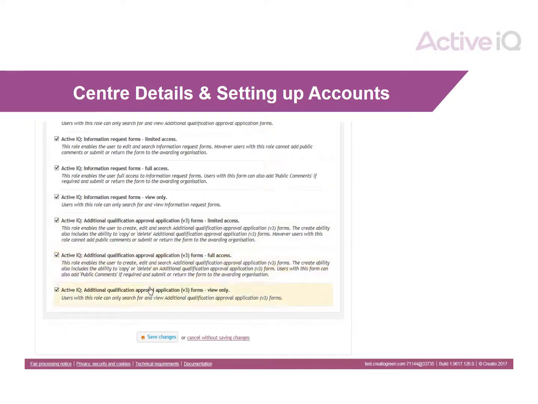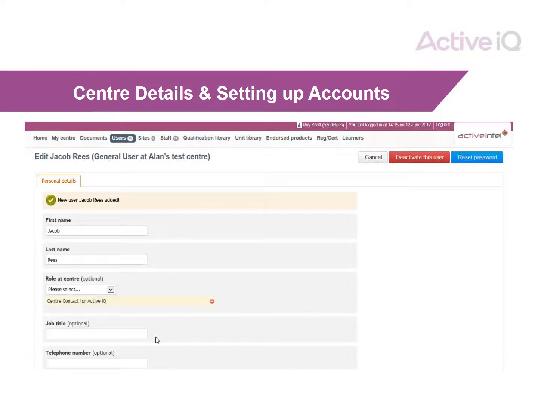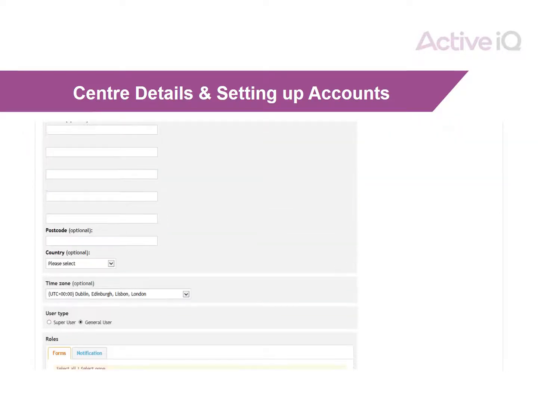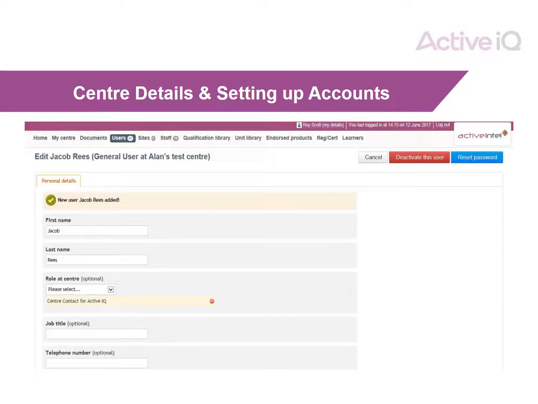Once you're happy with that, you need to hit Save Changes in order for the relevant changes to be made, and then you'll see that the new user is now set up within the system. They will get their own unique password and username.